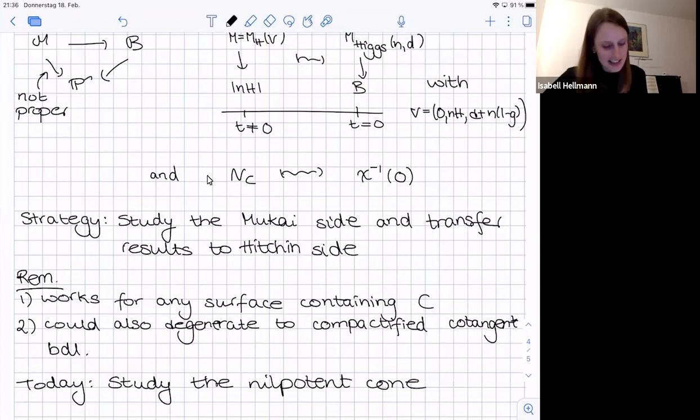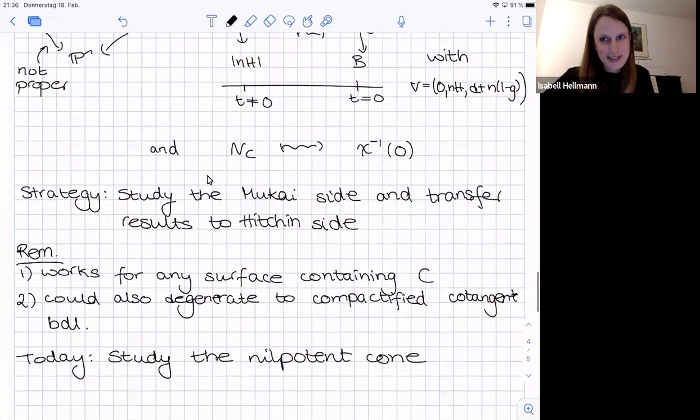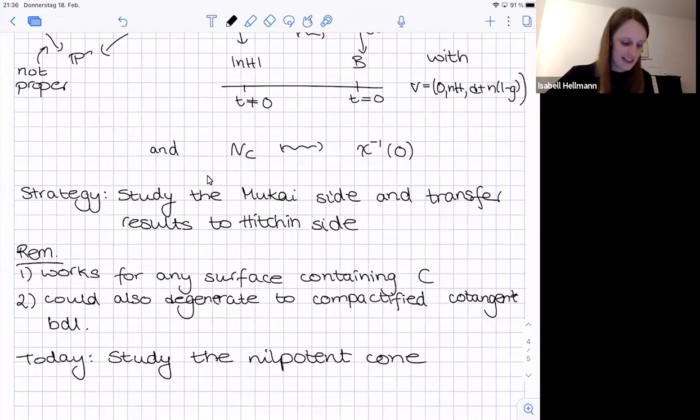Unfortunately, also in the Mukai system, it's still quite complicated to study in high dimension. So this nilpotent cone gets more complicated for higher n and higher genus. So what I want to do is actually start with studying the lowest dimension.